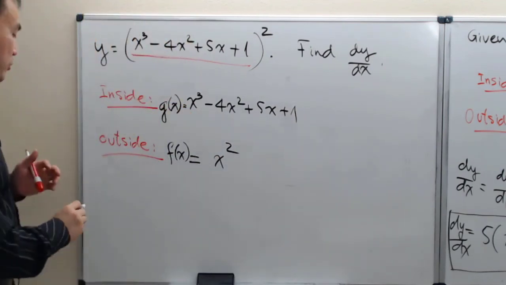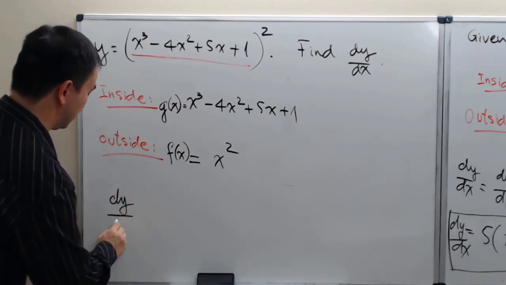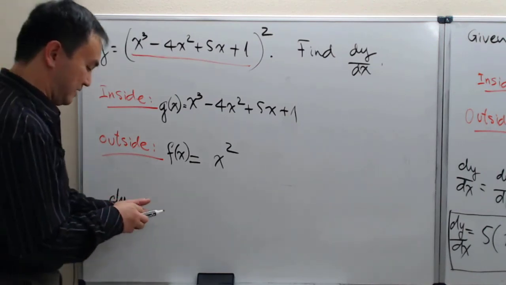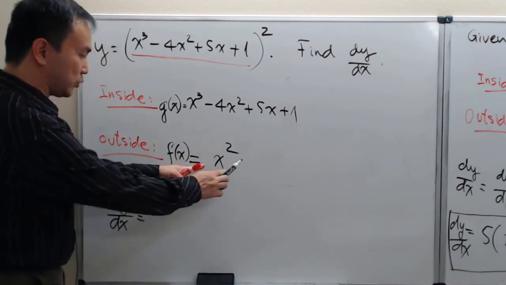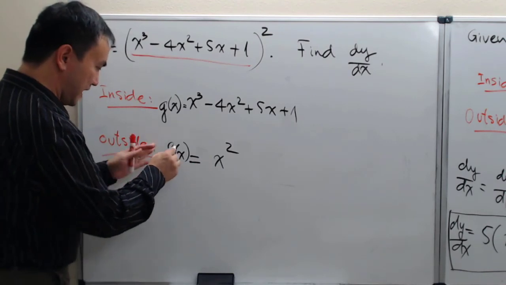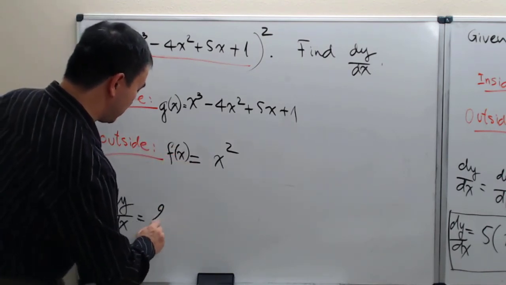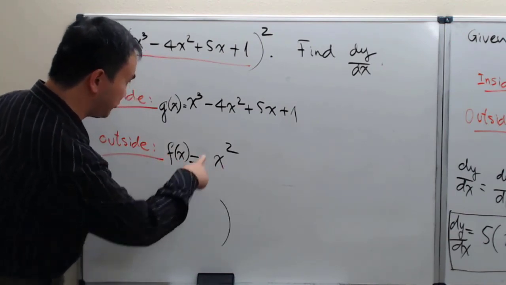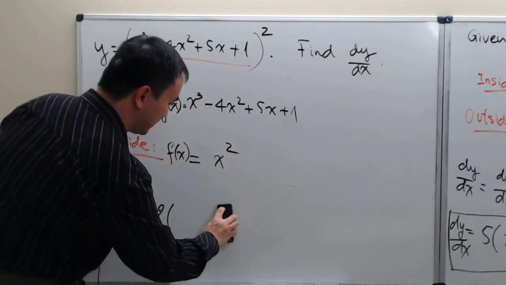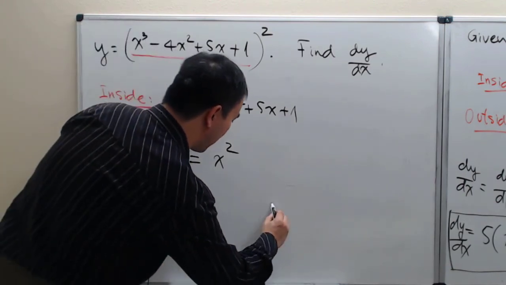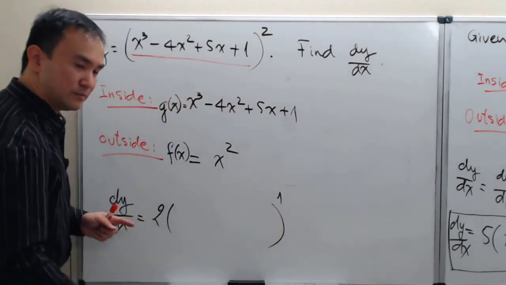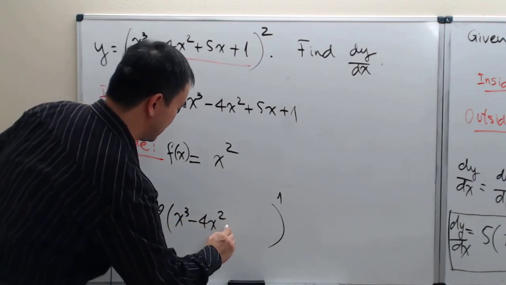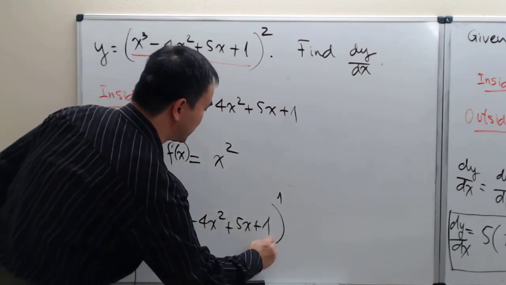All right, so now the derivative can be, and I don't even need to write down the entire chain rule here, but the chain rule says we take the derivative of the outside, but keep in mind the outside function. So it's 2 times, but we have the input argument of the outside function, we have to keep g in it. So that means here it is 2 times in parentheses, and the power here is 1. But now all that there is ready for the x cubed minus 4x squared plus 5x plus 1 to fill in.